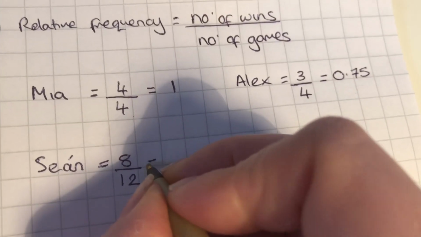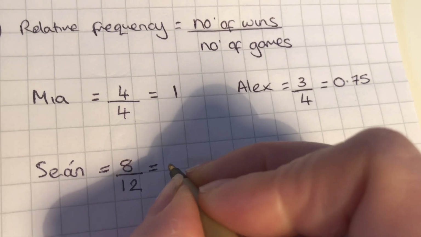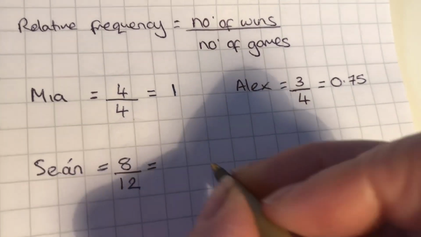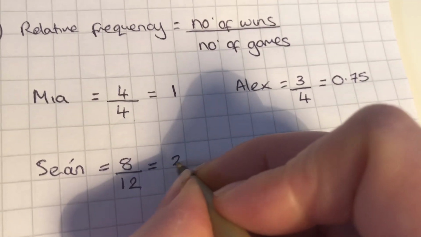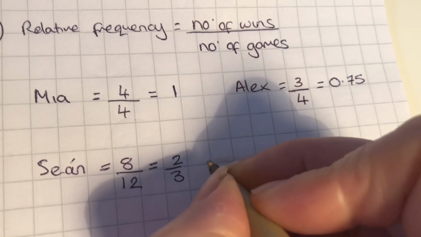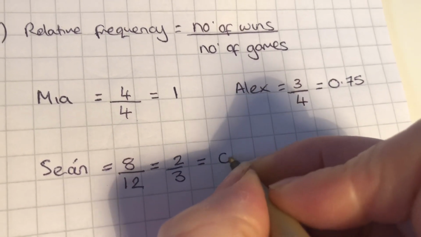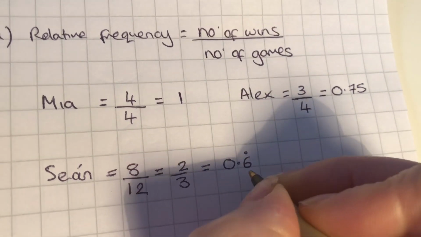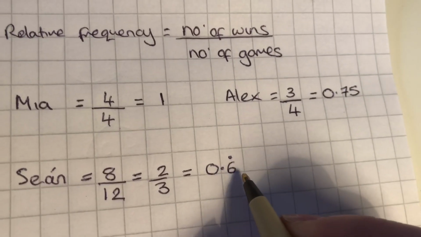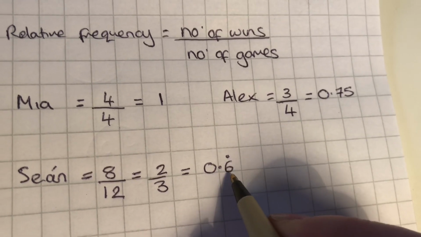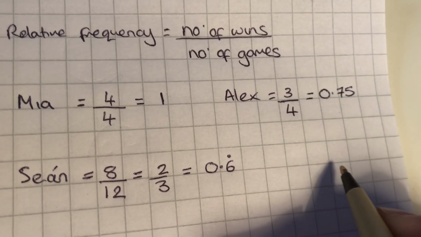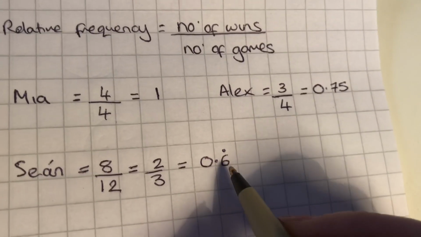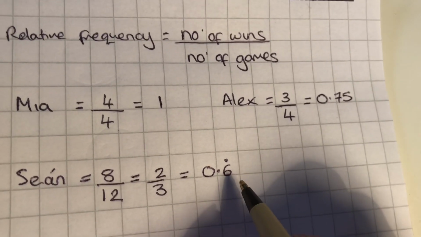Now 8 twelfths can be cancelled down. We can divide both the numerator and the denominator by 4, and we end up with 2/3. Now that as a decimal is a recurring decimal, which if you remember means it doesn't terminate, it goes on forever. So it's 0.66666666666 all the way to, well, it keeps on going infinitely.